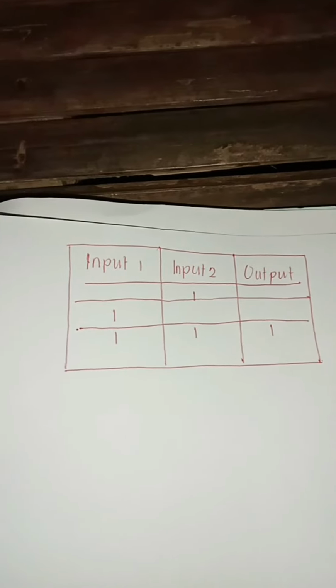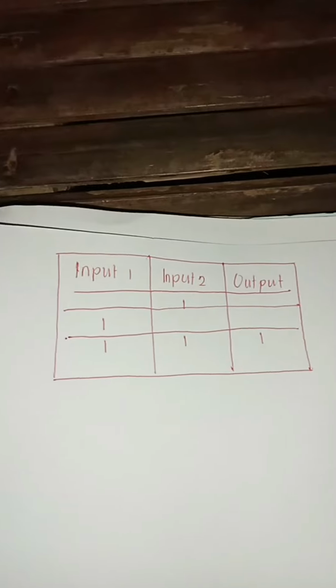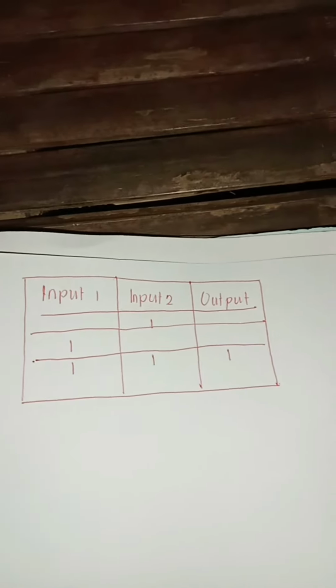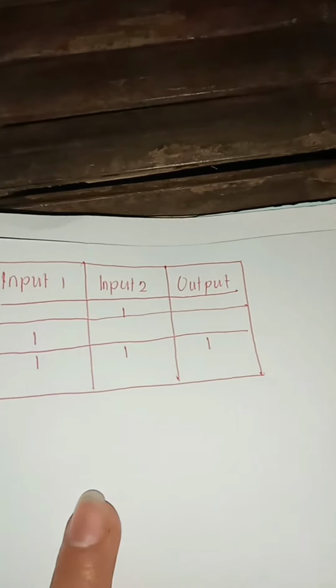In the symbol, the input terminals are at left and the output terminal is at right. The output is true when both inputs are true. Otherwise, the output is false. In other words, the output is 1 only when both inputs 1 and 2 are 1.